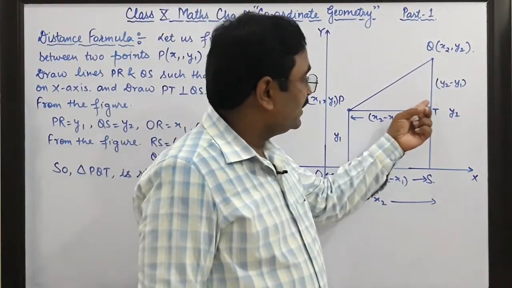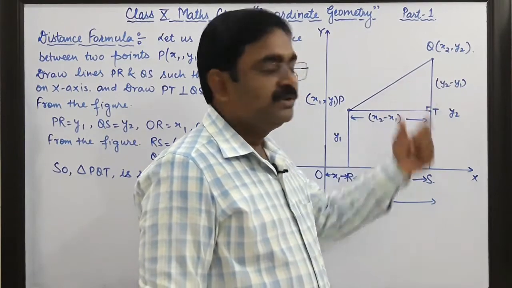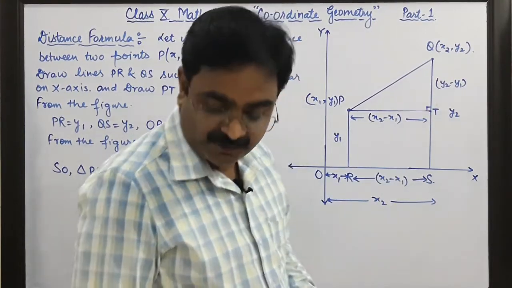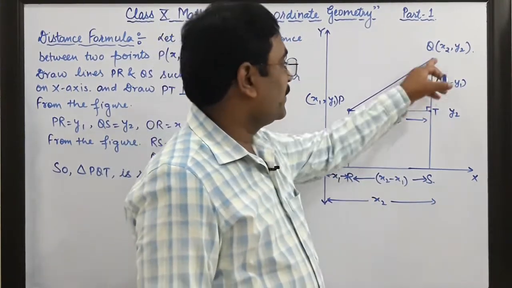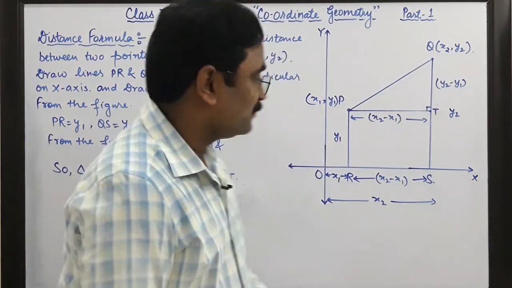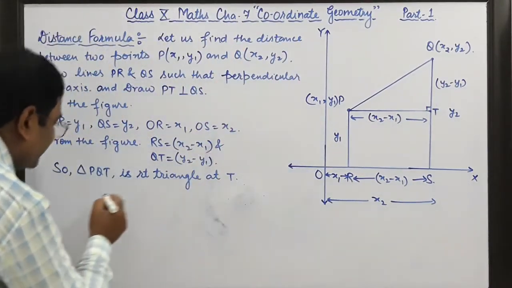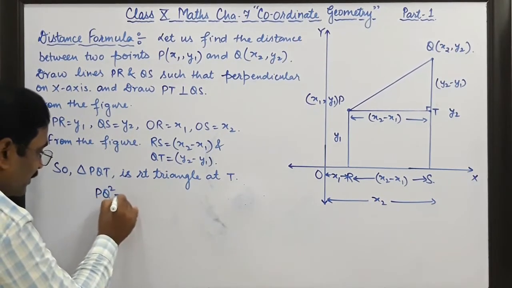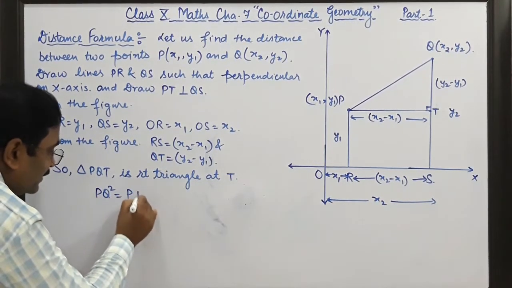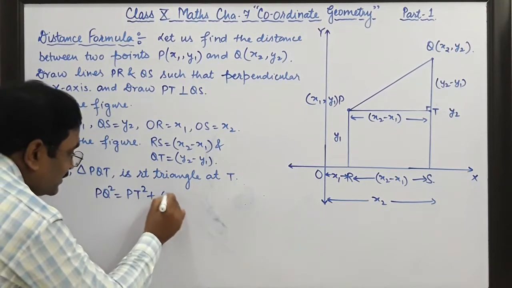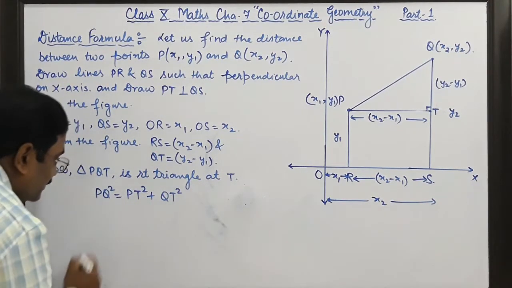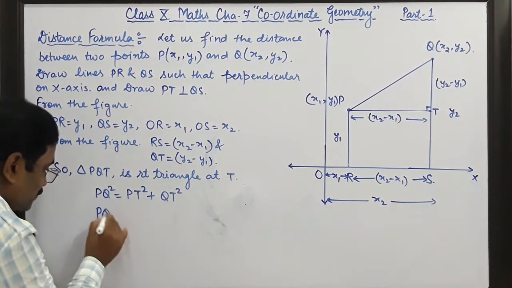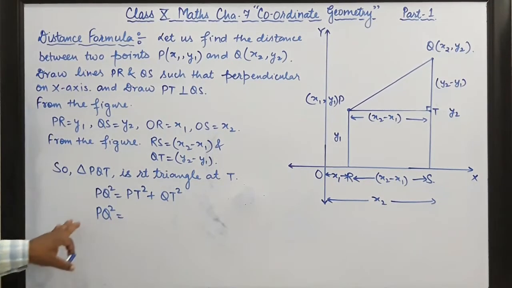PQ is the hypotenuse, this is the perpendicular and this is the base. So from the Pythagoras theorem you can write PQ square equals PT square plus QT square.